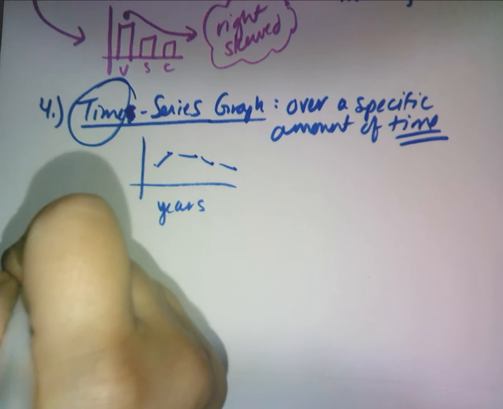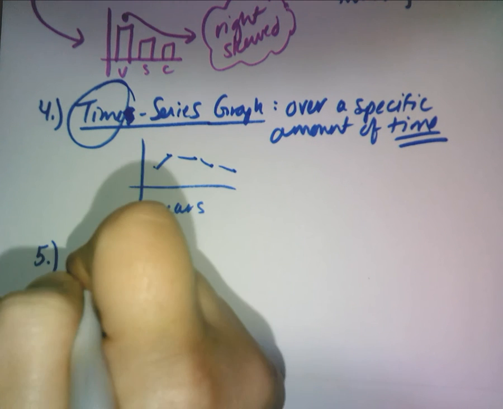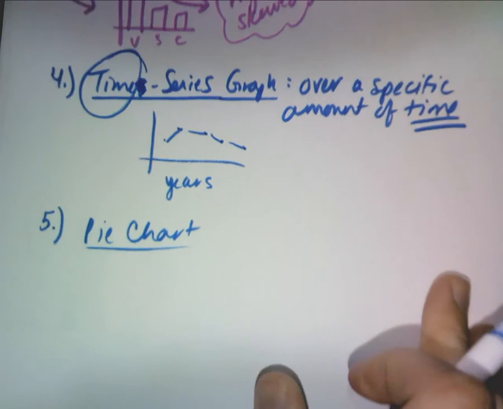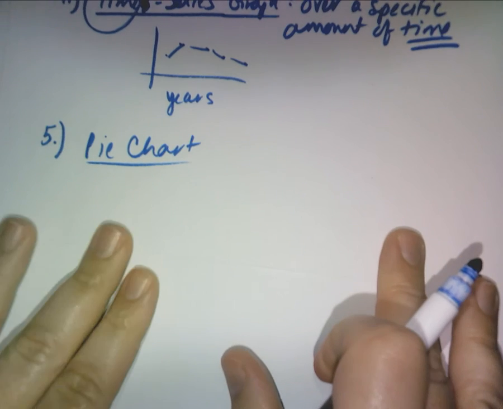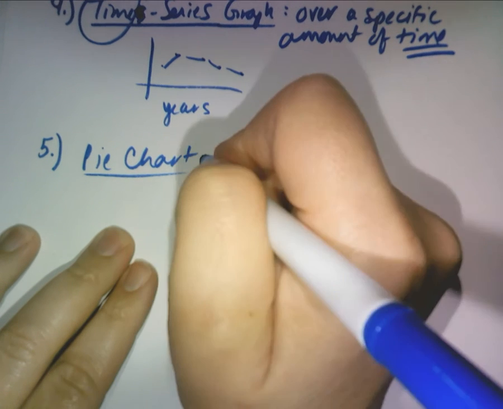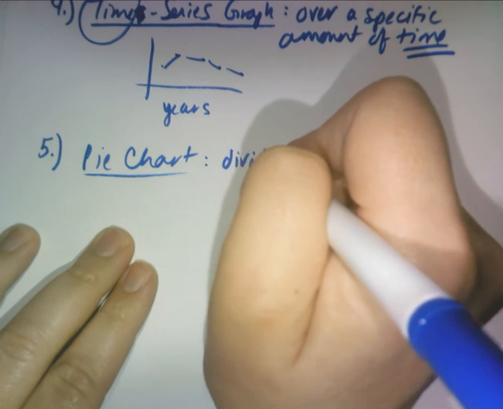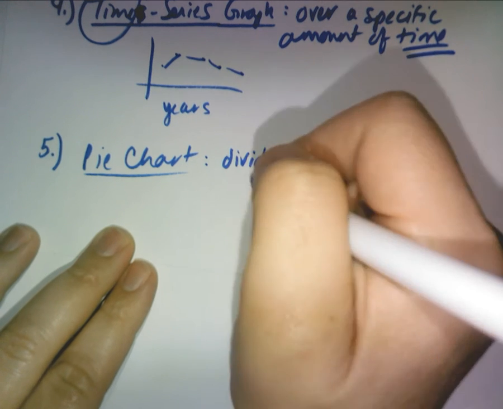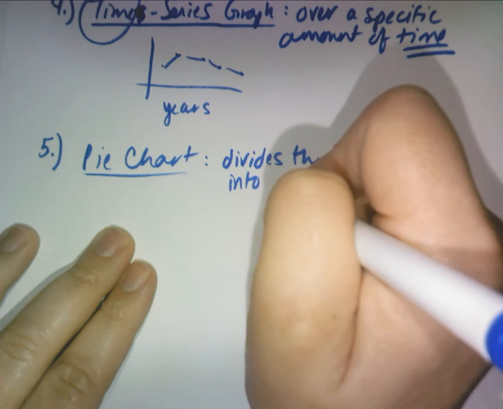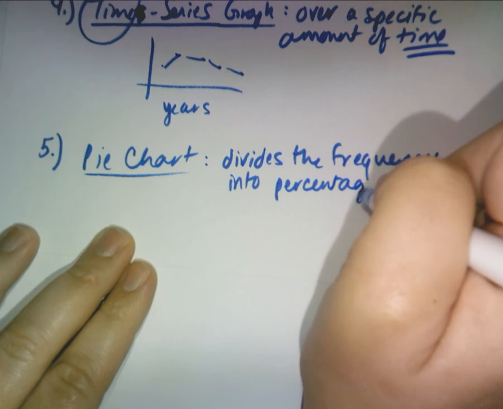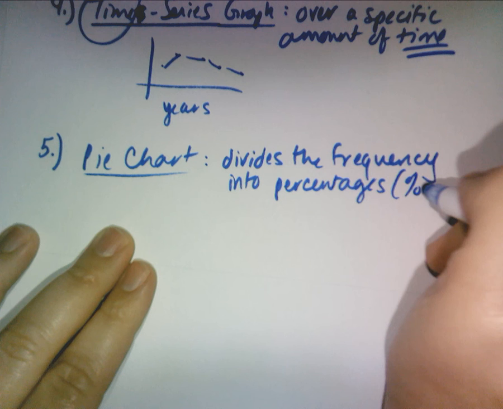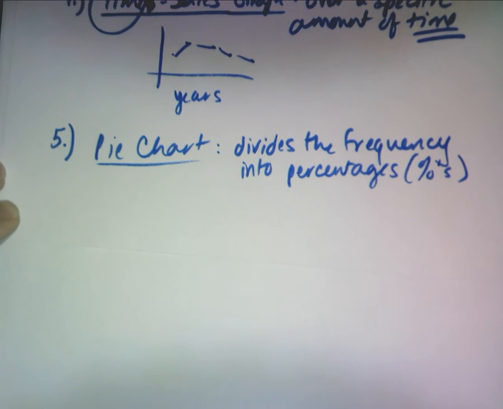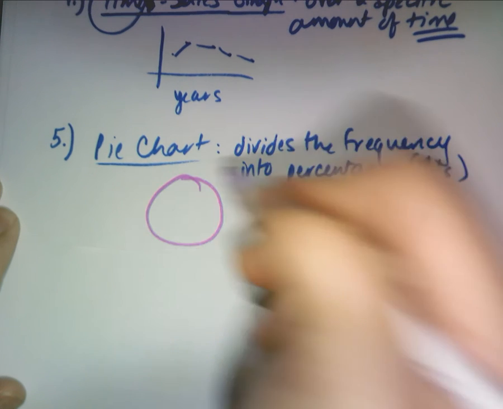All right. Two more here that you should be familiar with. A pie chart. We're going to do this tomorrow. Sometimes known as a circle graph, just depends on the book you're using. The pie chart divides the frequency into percentages. Again, you have a circle.